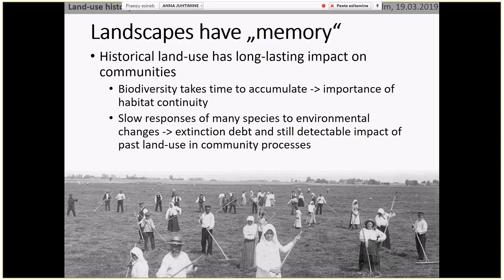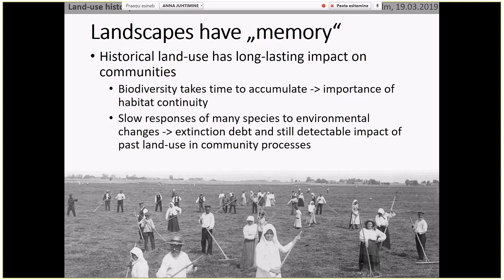Often we see quite large changes in, let's say, habitat area or even environmental conditions, but we still recognize the historical impacts from the past and not from the current conditions. So there are two phenomena. One is called extinction debt, which means that although the conditions have turned unsuitable for many species, they can still linger on in the landscapes due to the very slow response.